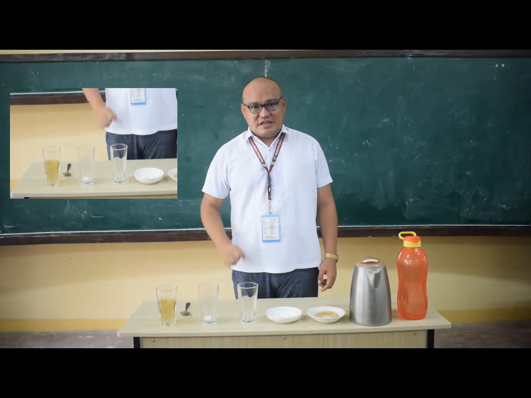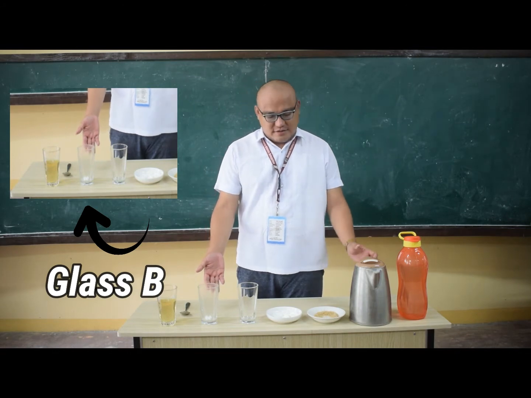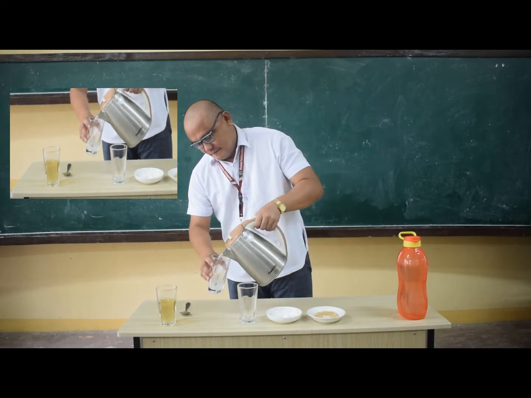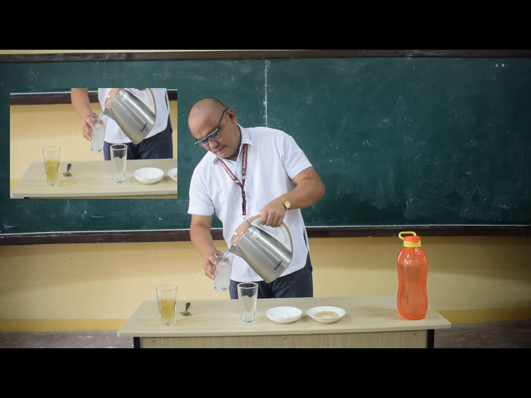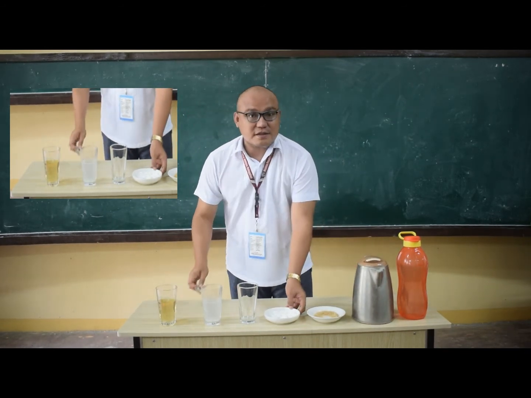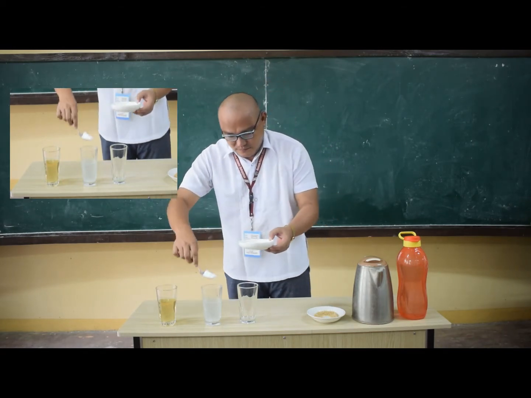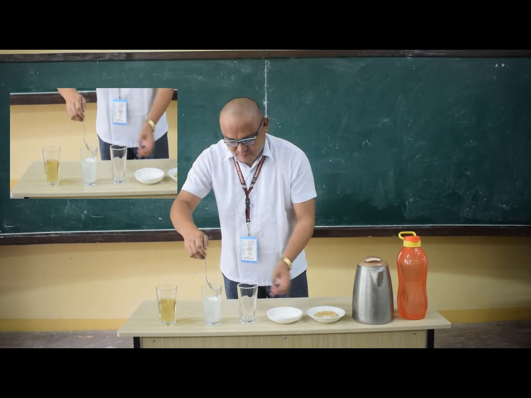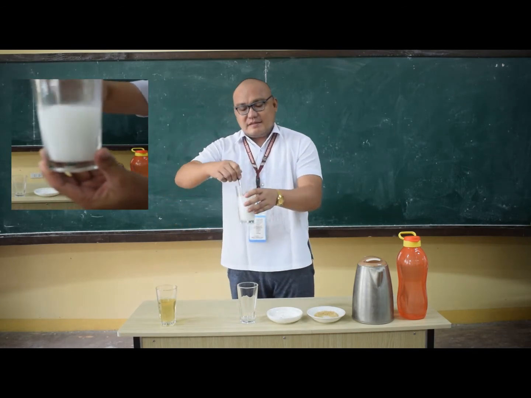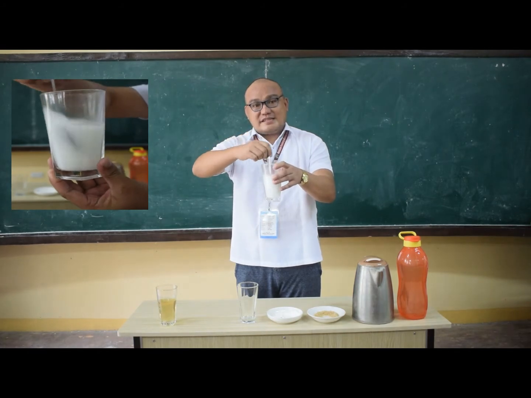Number 2, procedure. In glass B, add hot water. Then put the gaw-gaw or cornstarch, 1 spoon. Stir it until it dissolves and set aside.